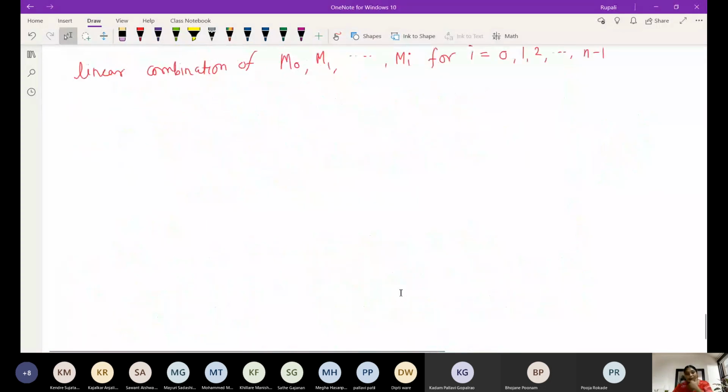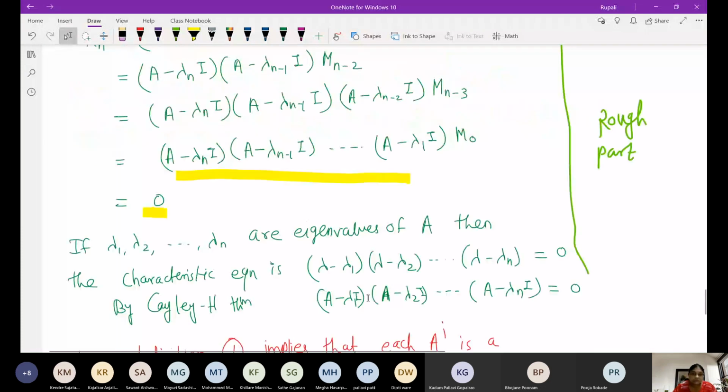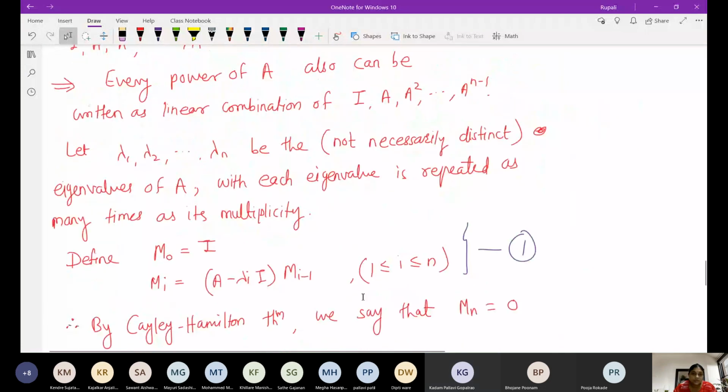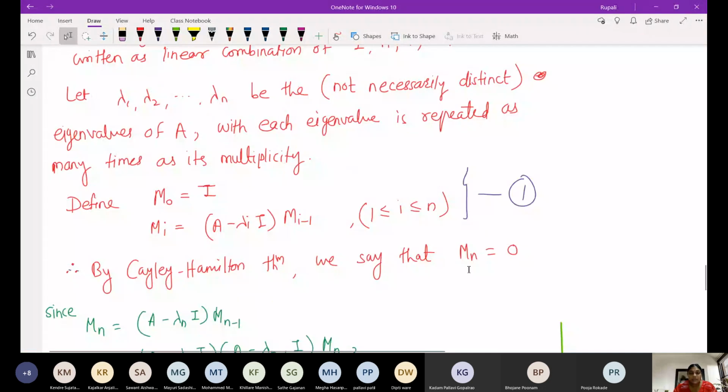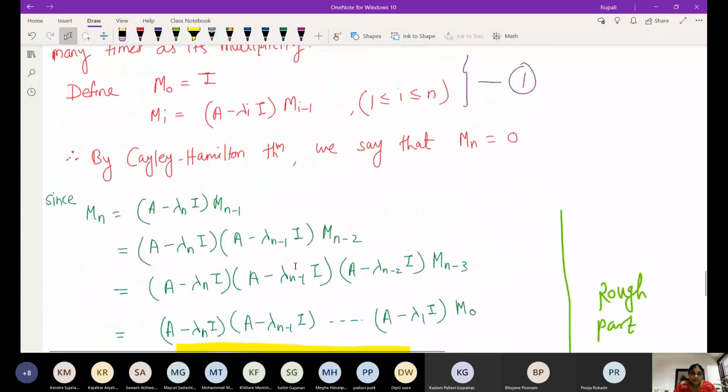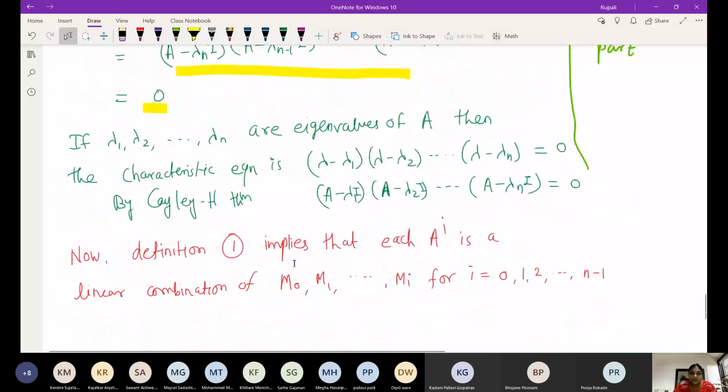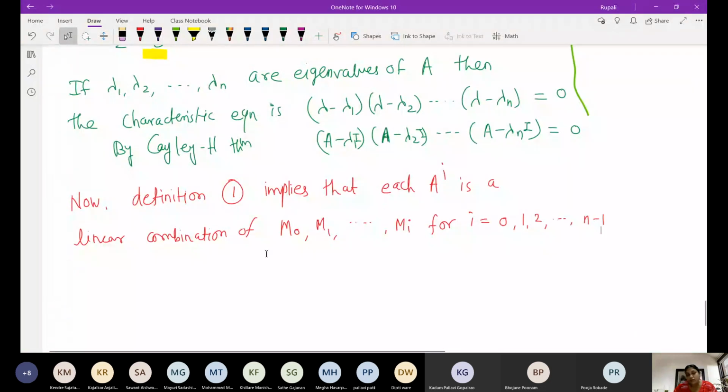Is that okay? Yes, ma'am. Every power of A can be written as a linear combination of I, A, A square, up to A raised to n minus 1, and each Mi is in the form of products of A minus lambda I, so I can write each A raised to i as a linear combination of M0, M1, up to Mi.